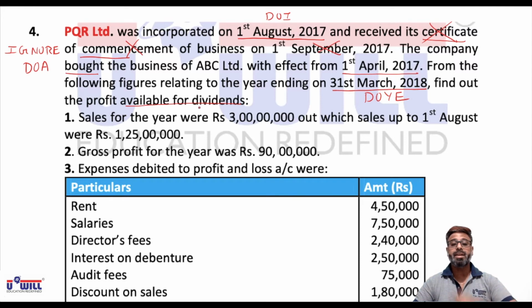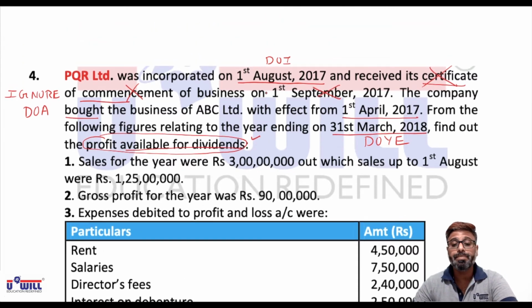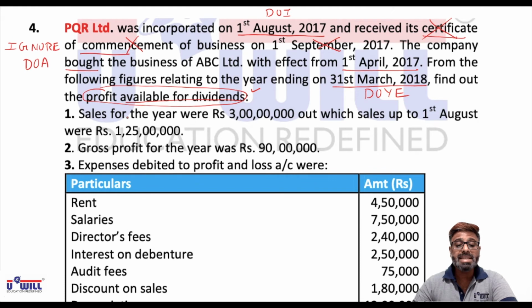End of the year revenue profits are available for dividends, so we have to state separately in our solution which amount of profit is available for dividend. Sales for the year are rupees 3 crores, out of which sales up to 1st August, that is pre-incorporation period sales.